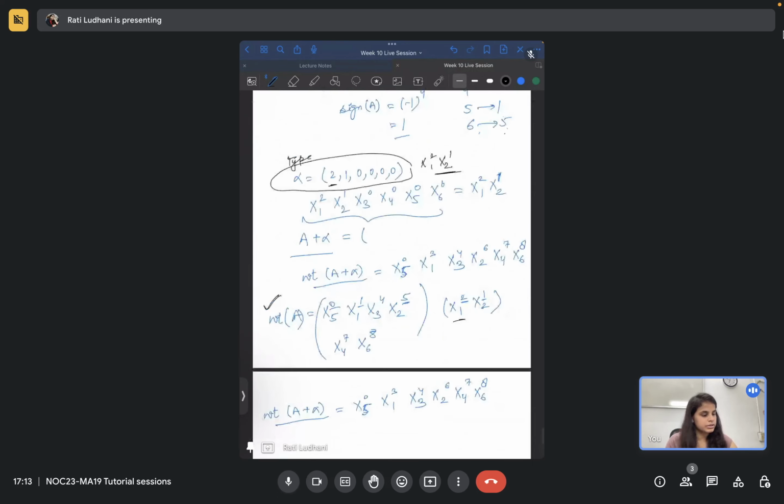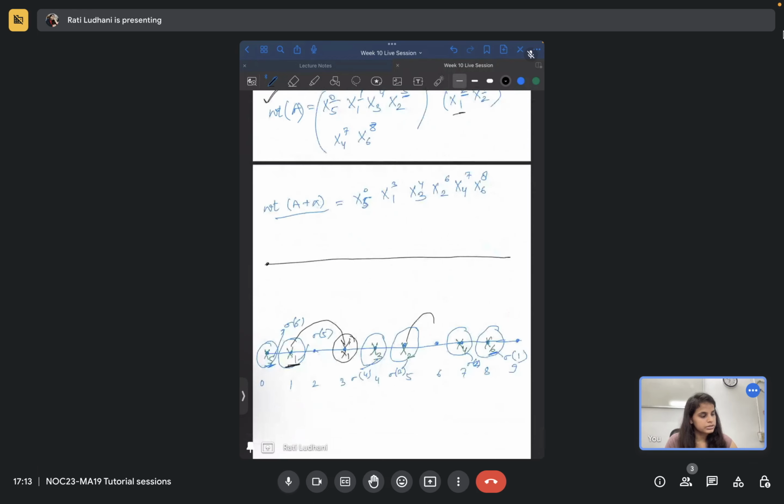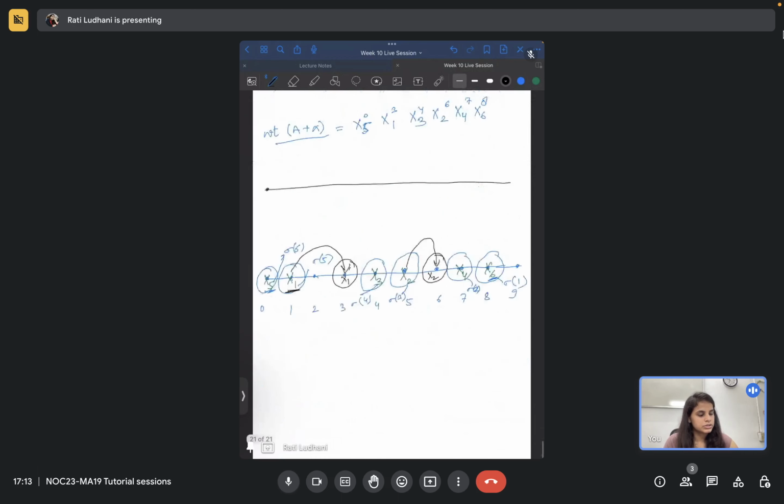So you add 1 power, and you will reach here. The remaining ones will be as they are. I'm just crossing this one out, so black color represents the a plus alpha thing. So here is the new abacus. Corresponding to that, let's write down from the abacus only what is the weight of a plus alpha. So what will it be?